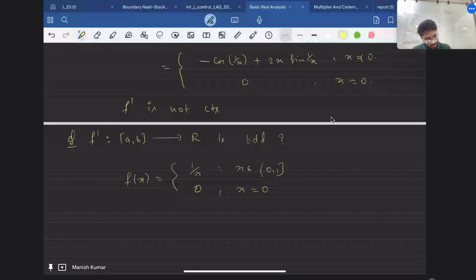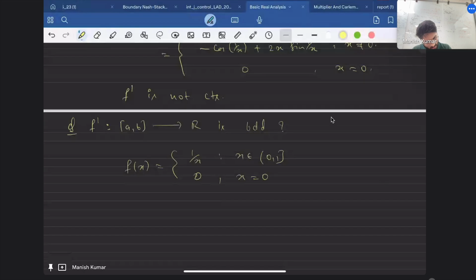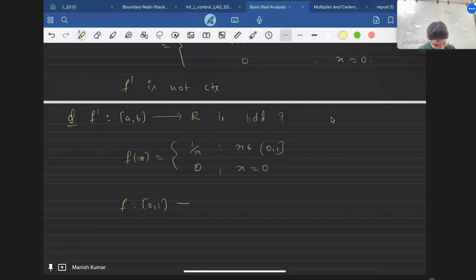So if I take f of x equal to root x, then the derivative is 1 by root x. Let me see. Then f at h minus f at 0. Any power less than 1 will not work.